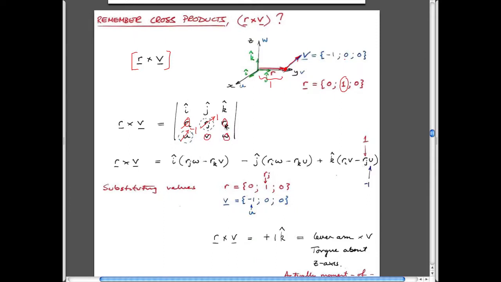And so the cross product, if you remember how you multiply these things out, you multiply this by the product of these two minus the product of these two. This times the product of these two minus the product of these two, which is this.